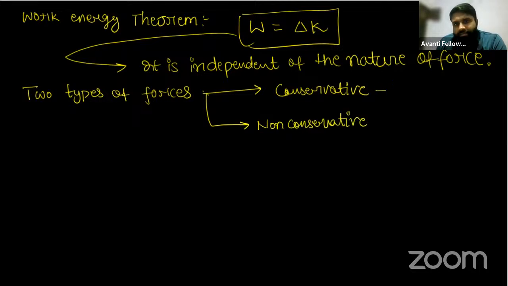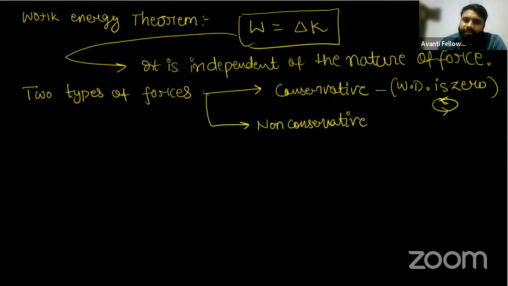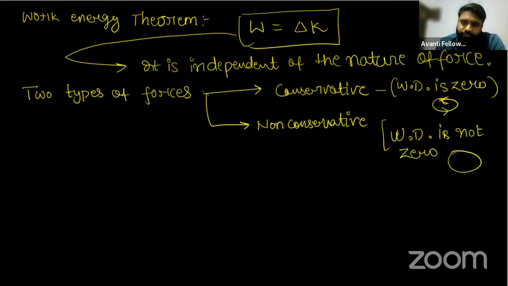Okay. The work done by a conservative force is zero in a cycle. In a complete cycle, the work done by a conservative force is zero, but the work done is not zero in the case of a non-conservative force. Okay.